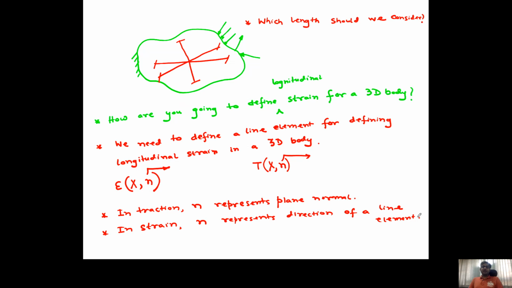So with this in mind, for defining strain at a point, we need the coordinate capital X, and we need the direction of a line element, and it is along that line element that we are going to compute the strain. If I change the direction of the line element, the value of strain will change.